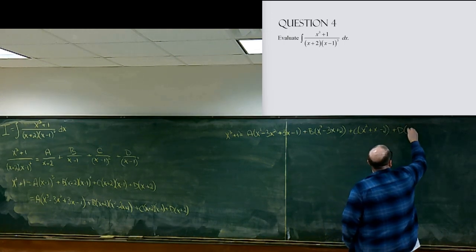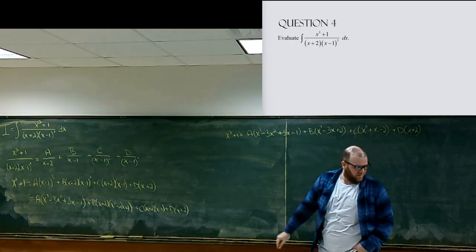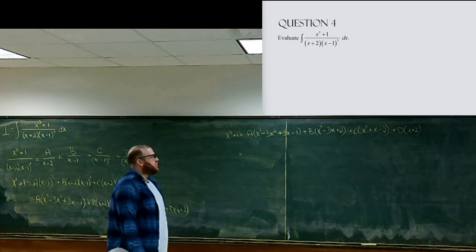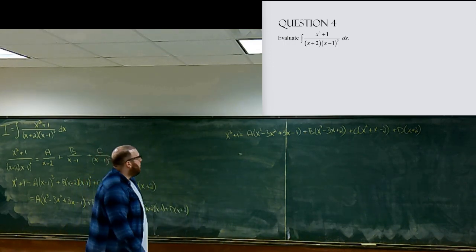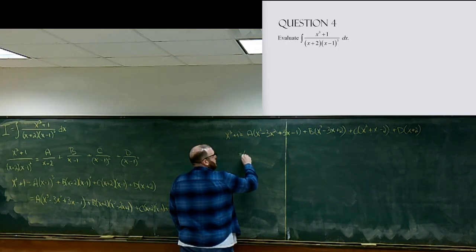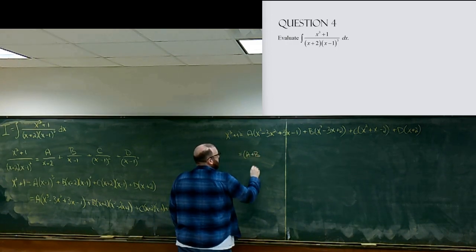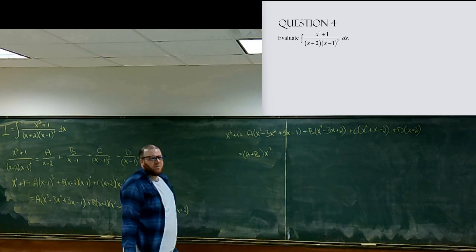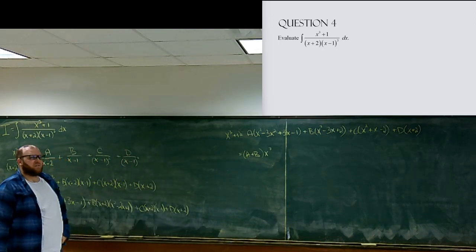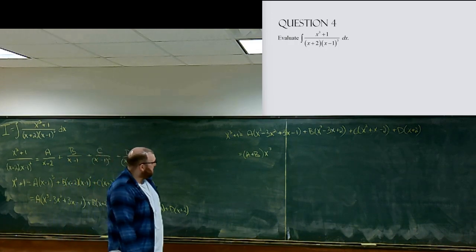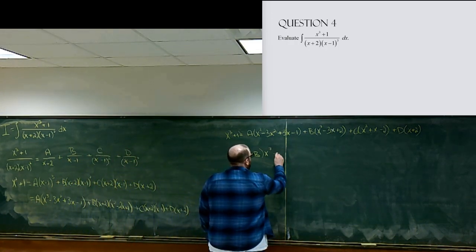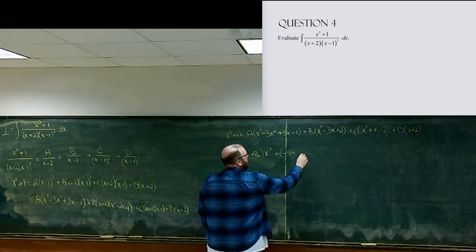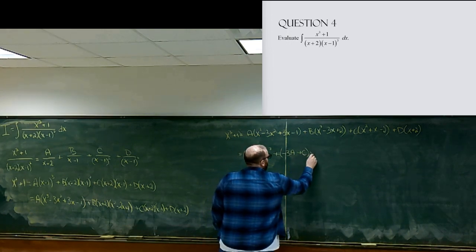Right, and then that d stays the same. Collect like terms. Okay, so that's it for x cubed. x squared: minus 3a plus c.